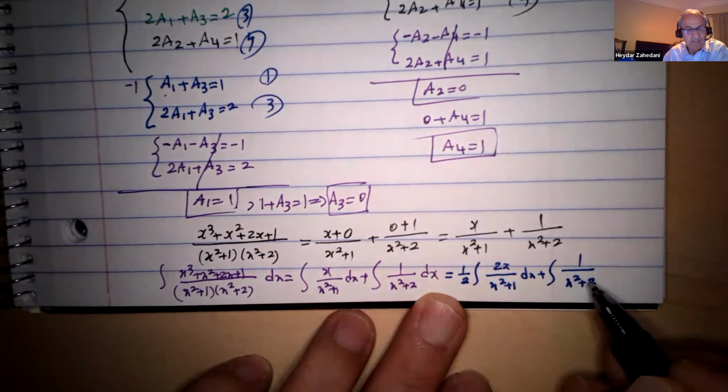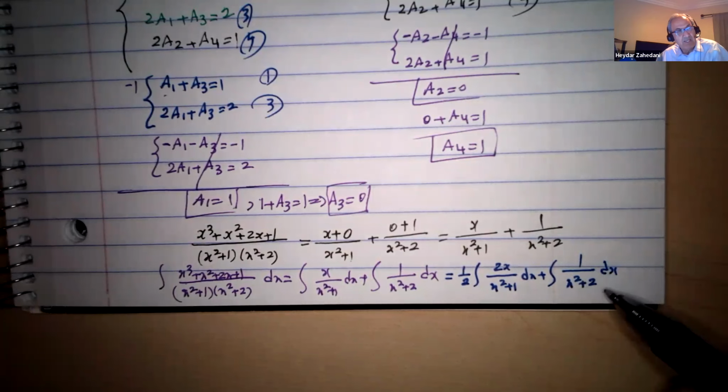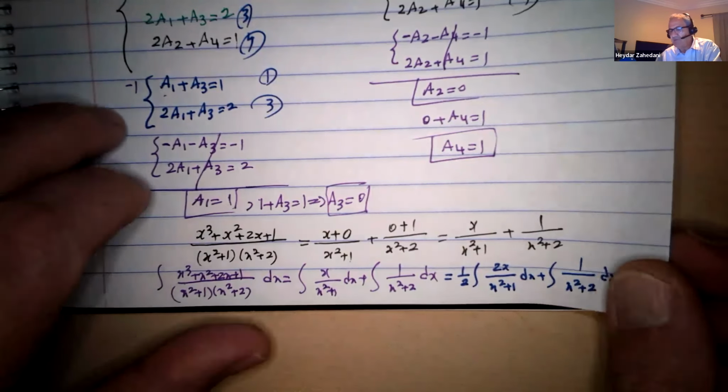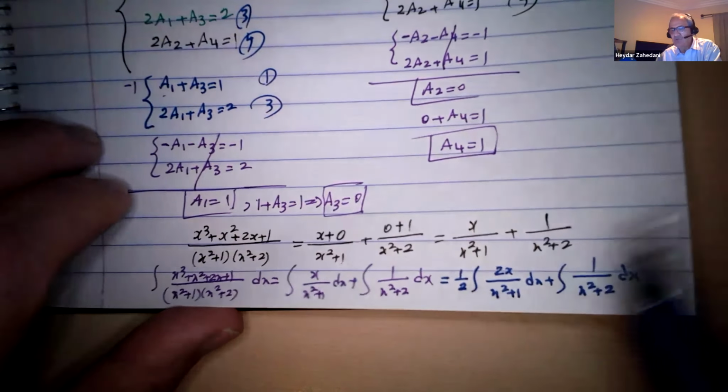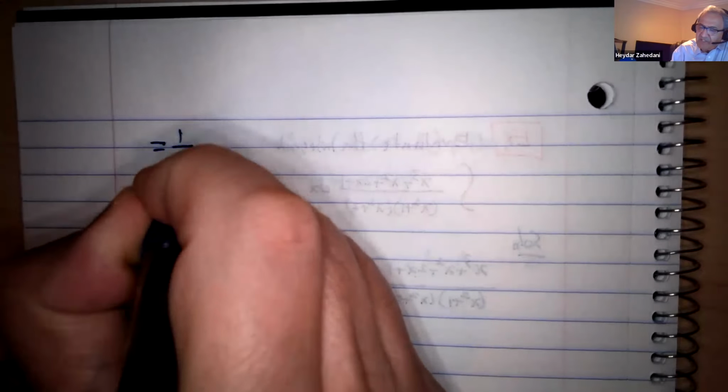So the first one would be ln of x squared plus 1, and this is 1 over x squared plus a squared. You can take care of the inverse tangent, okay? And you can use your substitution for this one if you like. So eventually, this is going to be the result. It's going to be equal to, the first one is 1/2 ln of x squared plus 1.